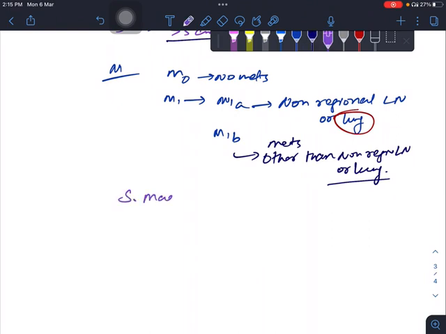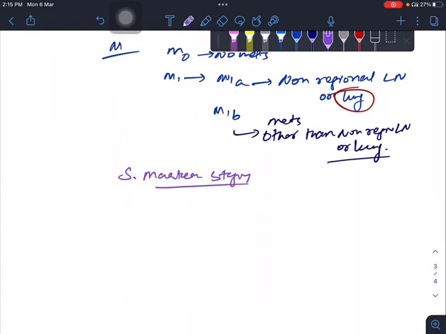Serum marker staging. Testicular tumor is the only tumor in which the serum markers are added into the prognostic group staging. So in testicular tumors, the serum markers are very much important.